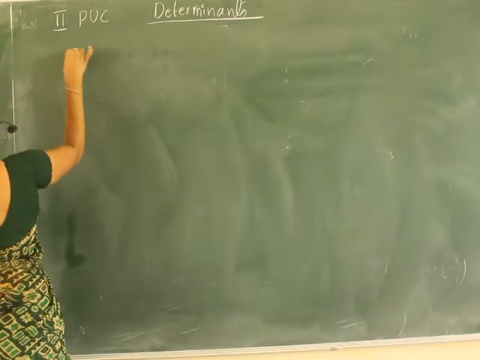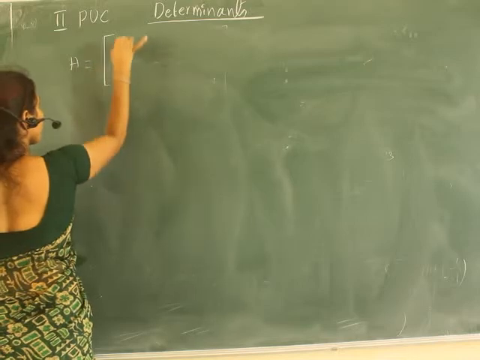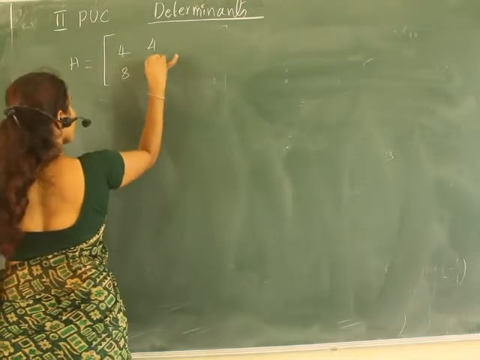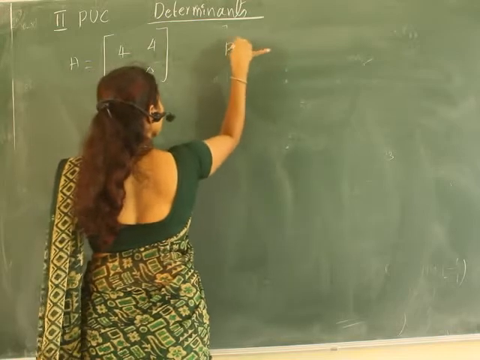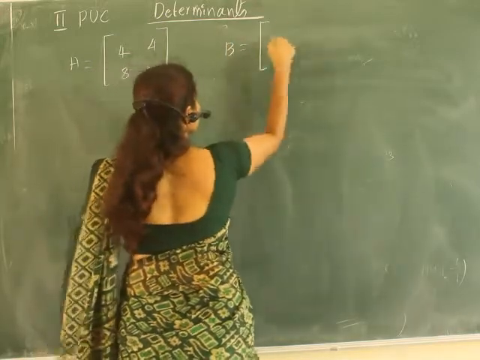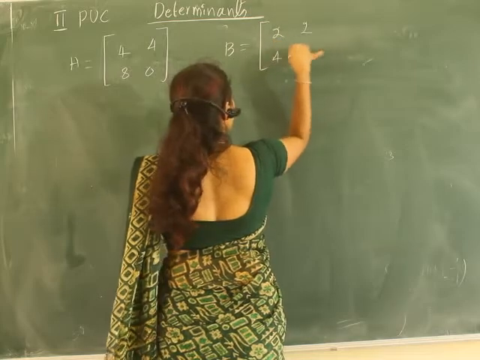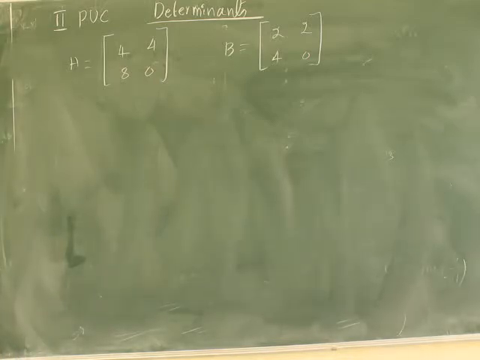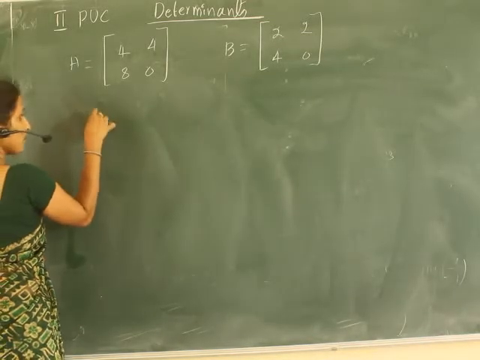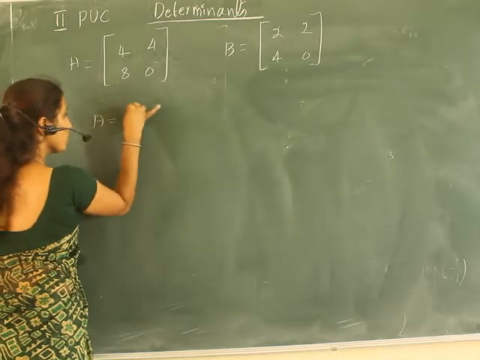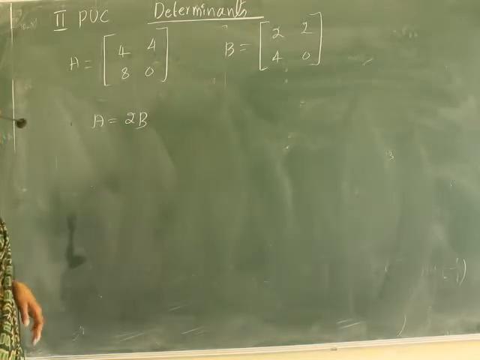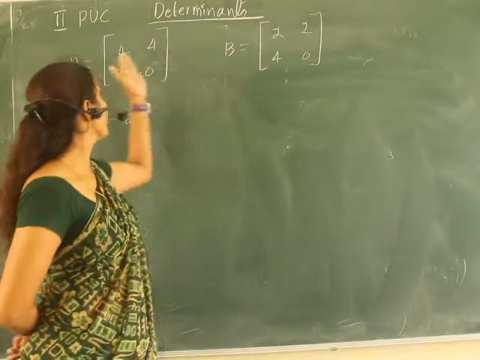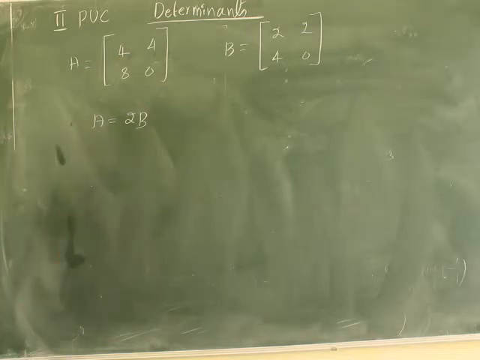So if I take A is equal to this and B is equal to this, these two matrices, then we can see that A can be written as 2 times matrix B. When I multiply matrix B by 2, we get matrix A. So the relation is A is equal to 2 into B.